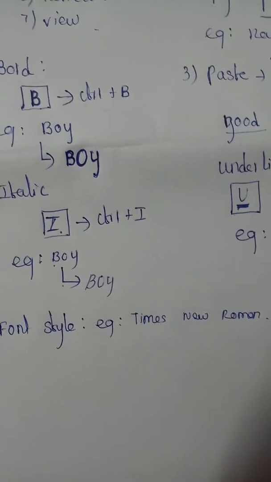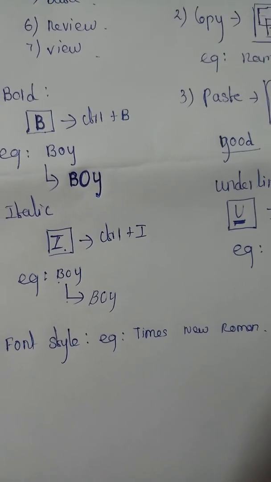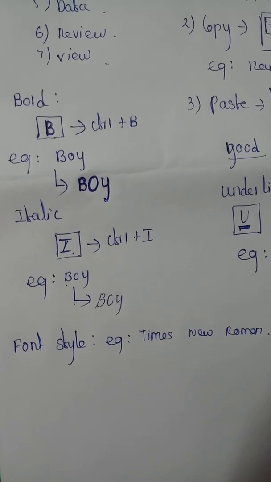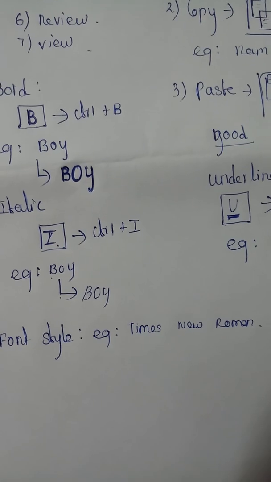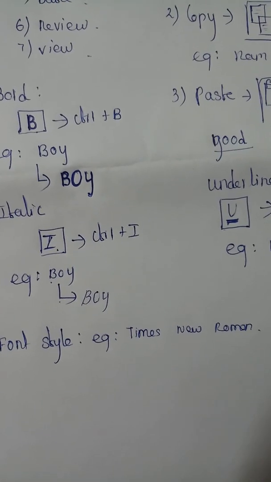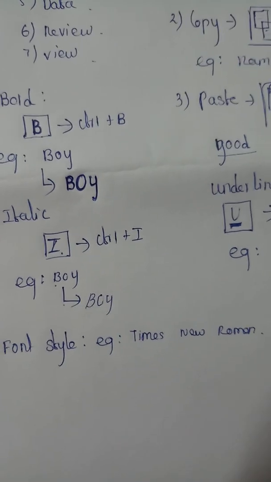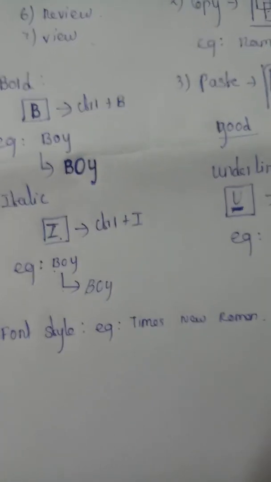Other than this, Comic Sans MS, Chiller, like this, there are so many options in font style, and it is arranged in alphabetical order. Okay, so we can search it very easily. You can choose any of the font styles and apply it to your paragraph or a word or a sentence.